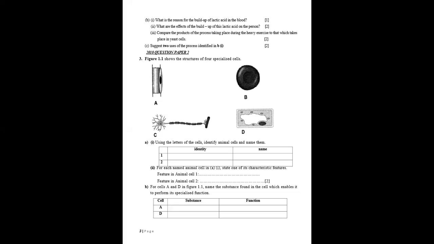Now, question three. This is a 2010 question paper. Figure 1.1 shows the structure of four specialized cells, A, B, C, and D. Using the letters of the cells, identify the animal cells.